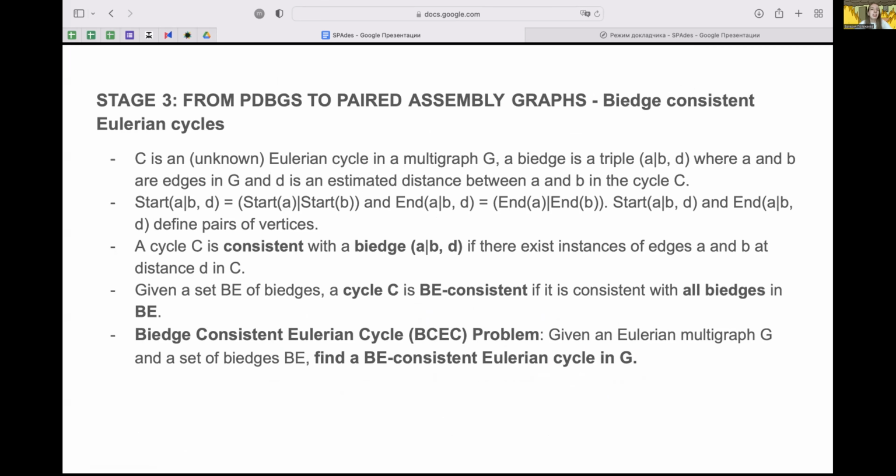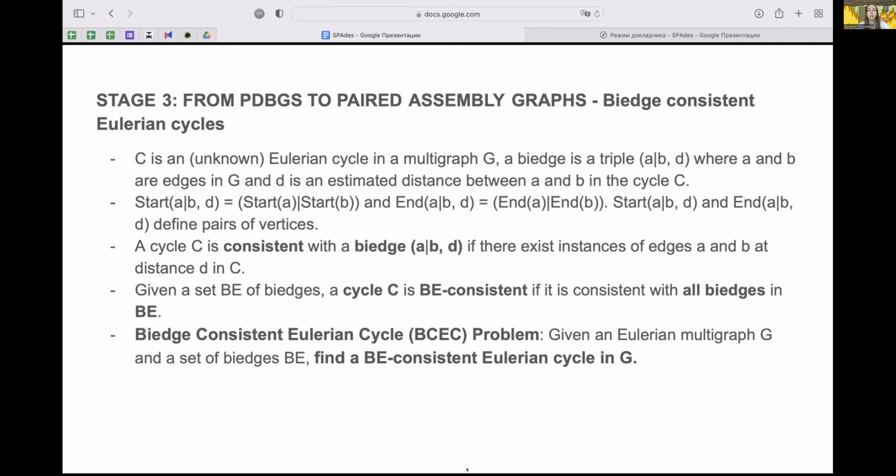Hello, everyone. Stage 3 is from PDB-graphs to paired assembly graphs, which are consistent with LRN cycles. So C is a known cycle in a multigraph G. We want to find it to construct our genome.